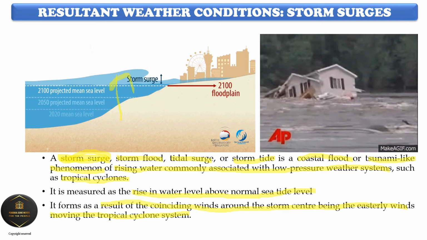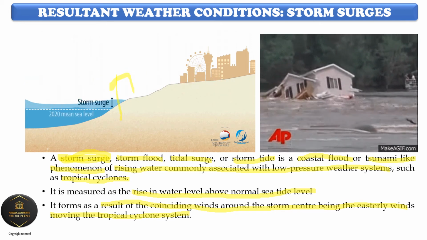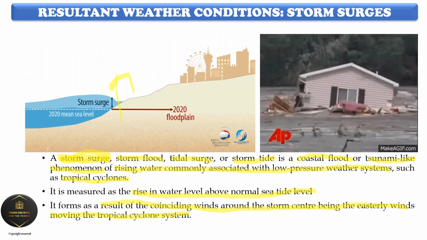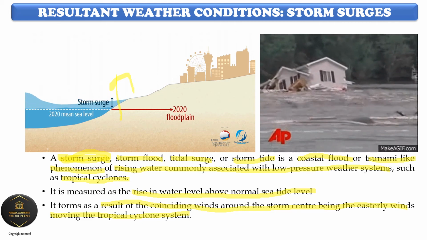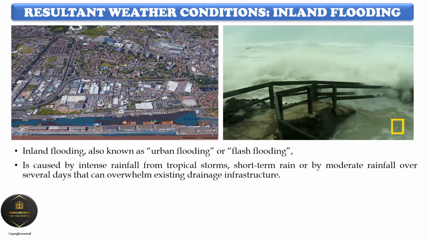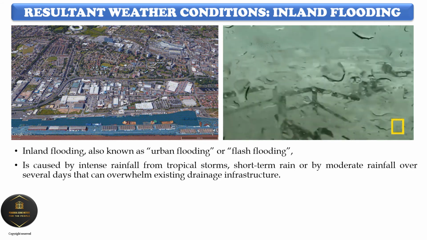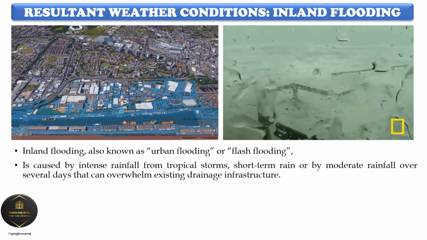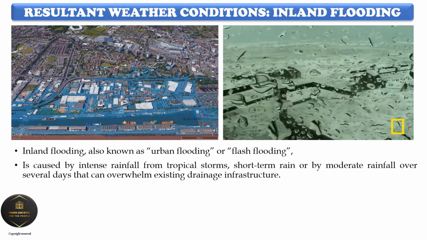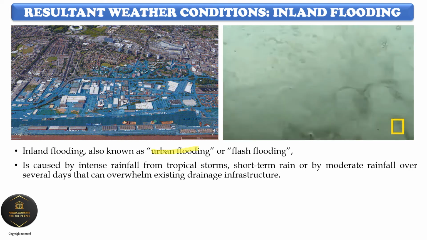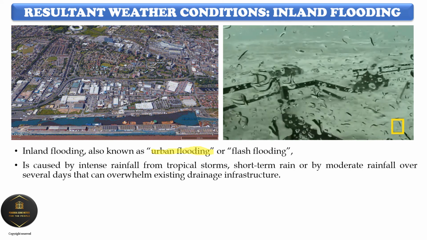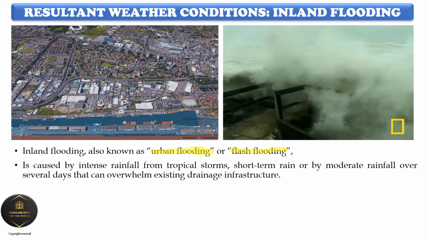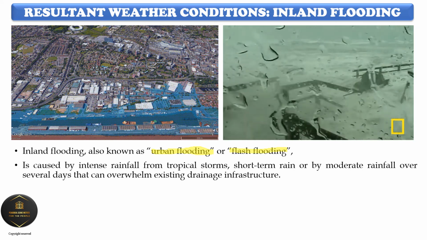So that's one weather condition that results from tropical cyclones. Let us look at more. We also have what we call inland flooding. What is inland flooding? Inland flooding, for starters, is also known as urban flooding because it usually happens there, and it's also known as flash flooding. Now, what causes it?